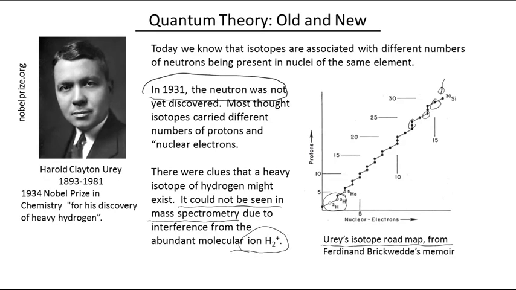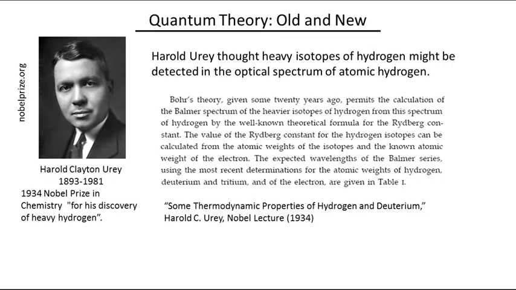In the case of hydrogen, there's a stable molecular ion, H2+, which has the mass of 2 expected, 2 units of proton mass that would be expected of the heavy isotope of hydrogen, and the same charge. So there's a lot of interference from the molecular signal, and there was no conclusive proof of the existence of heavy hydrogen.